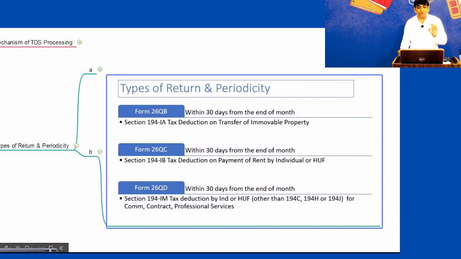And form 26QB, which is for immovable property: whenever you purchase any kind of property from any seller, you are required to deduct tax and submit form 26QB within 30 days from the end of the month. All three forms are required to be filed within 30 days from the end of the month.